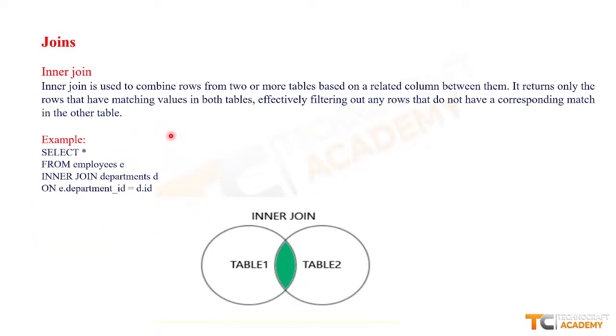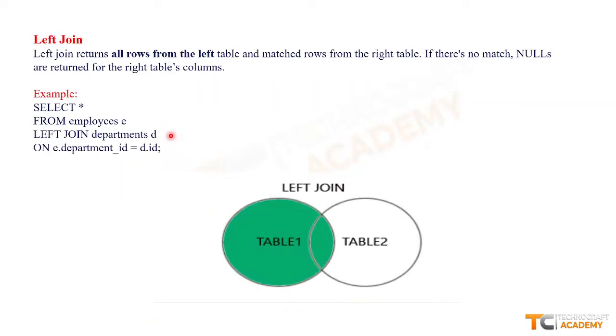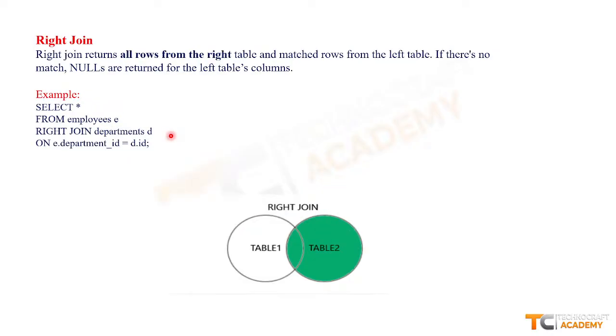Okay, and then we have looked into joins. So what are the different types of joins available in SQL? Inner join, which gives us only the matching values between both the tables. Then left join, which gives all the rows from our first table and only the matching or corresponding values from the second table. And then we have a right join, which gives us all the values from our second table and only the matching values from the first table.